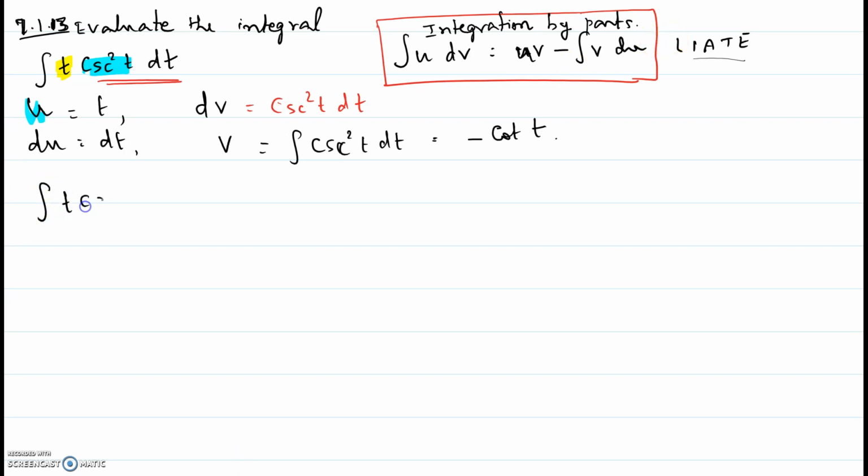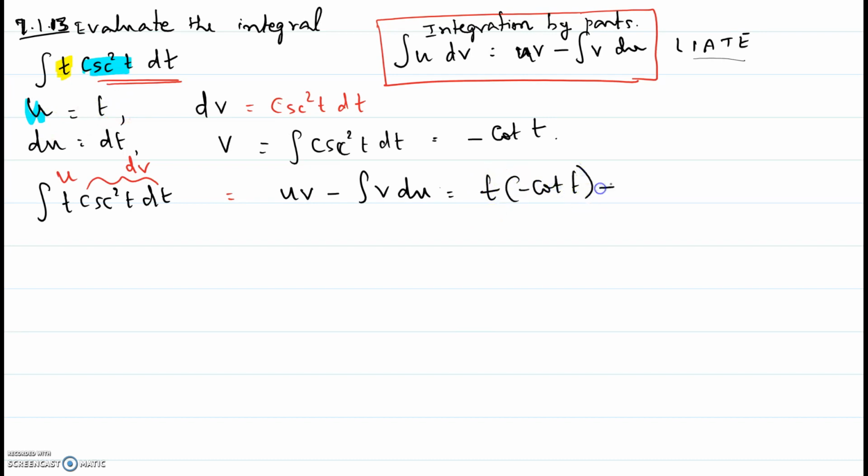So the integral of t cosecant squared t dt can be considered as u dv. So we are making it look like this rule, which is uv minus the integral of v du. u is t, v is negative cotangent t, minus the integral of v du. v is negative cotangent t, then du is dt.